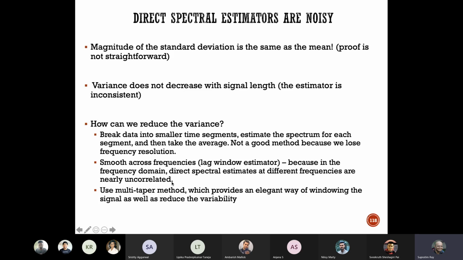So it allows me to sacrifice my frequency resolution to reduce the variability or improve the reliability of the spectral estimate. But I can do it in a very elegant way using the multi-taper method. And that method is what I'm going to describe now.